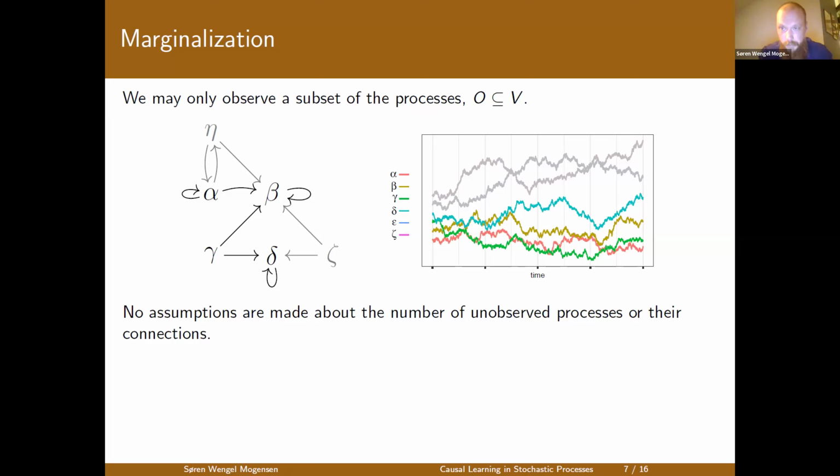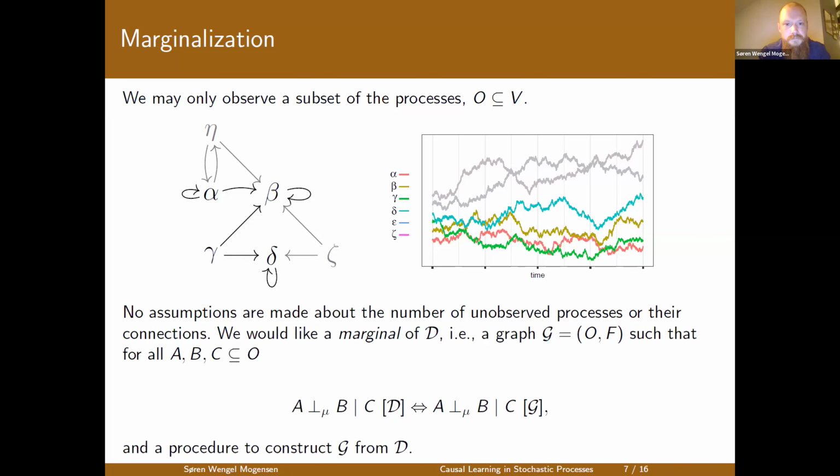So in this plot, two of the coordinate processes are unobserved for the full length of observation, right? So the four remaining coordinate processes are fully observed, but two of them are just not observed. And as is common, we're not making any assumptions about the number of observed processes or how they connect to the observed part. We just want to account for the fact that there might be unobserved processes.